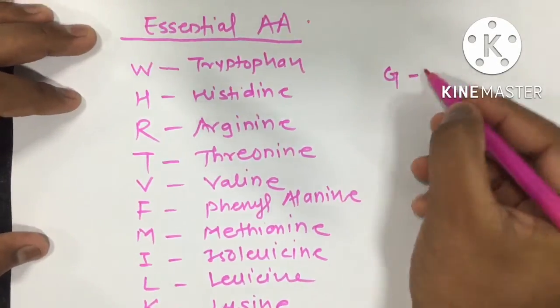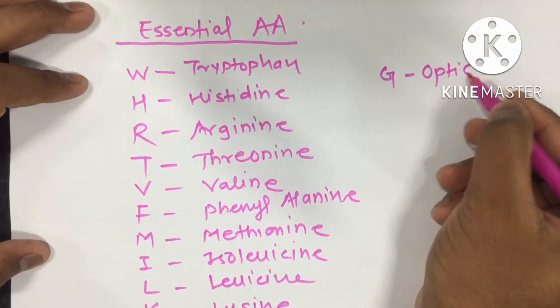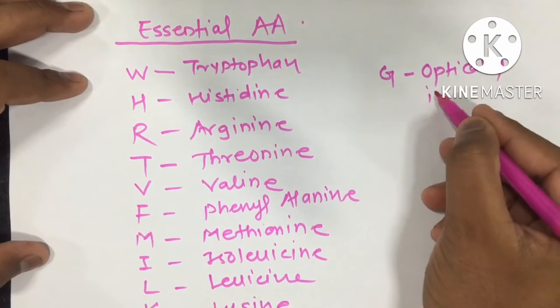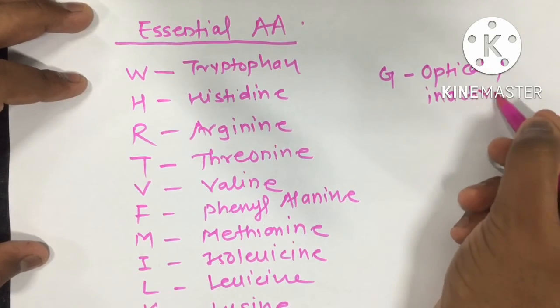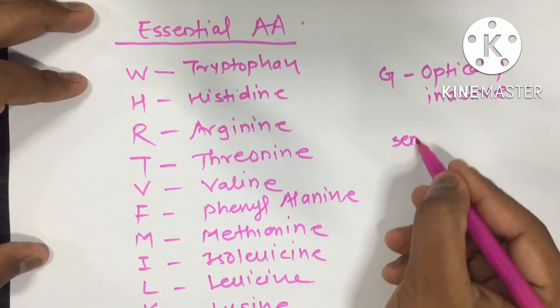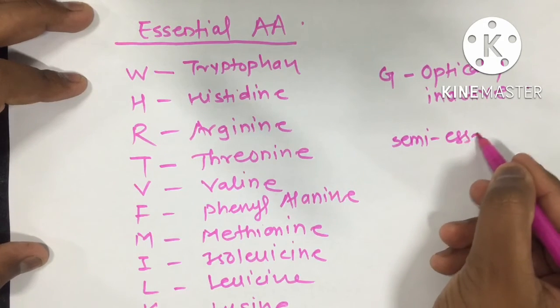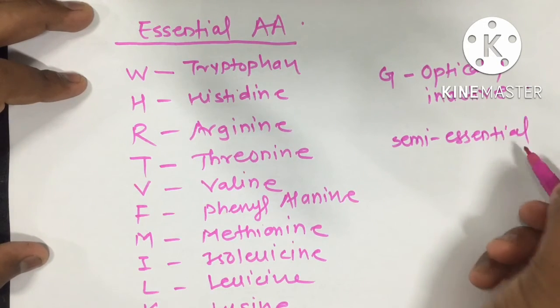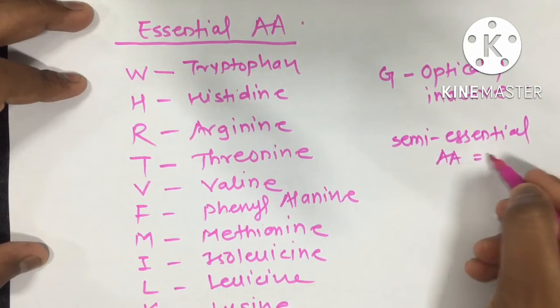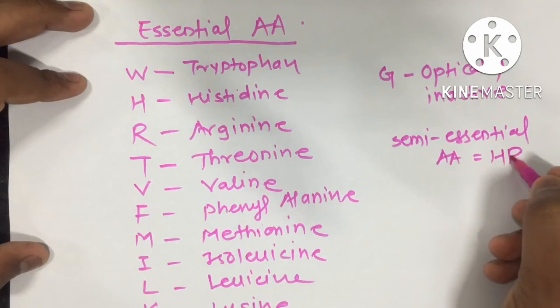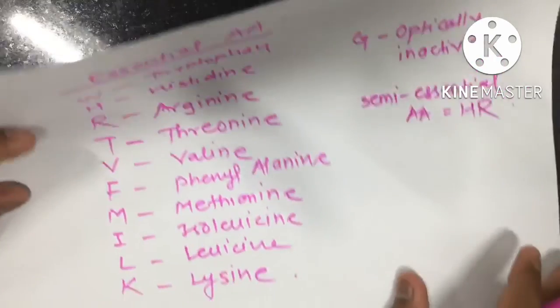Glycine is optically inactive. Semi-essential amino acids are histidine and arginine.